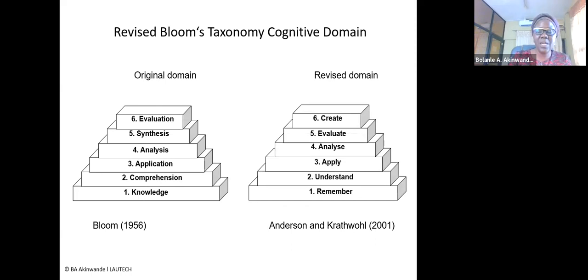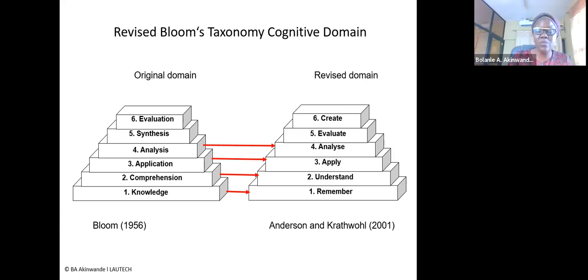The first is that the noun word for each of the levels changed to a verb, and knowledge of the original was changed to remember. The second level, comprehension, was changed to understand. Application was changed to apply. Analysis was changed to analyze.